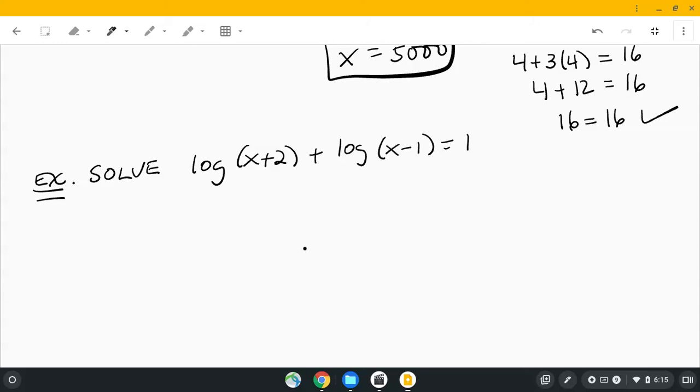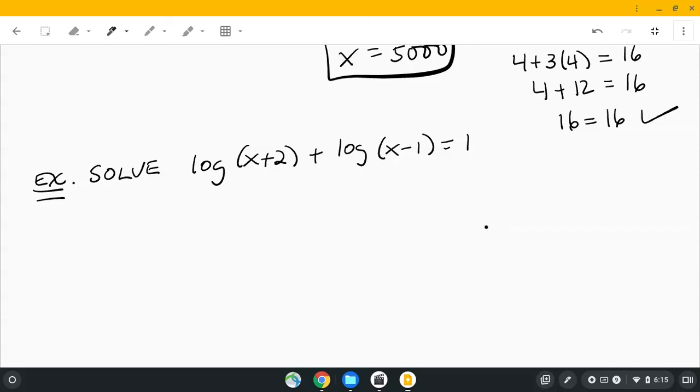So when we're solving logs, we always like to have as few logs as possible. If we can get it down to a single log, that would be great. Okay, so either a single log on both sides or just a single log on one side. Okay, so over here, we want to condense these to a single log, and we're going to use our properties to do that.